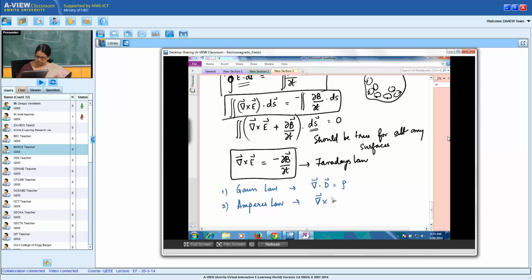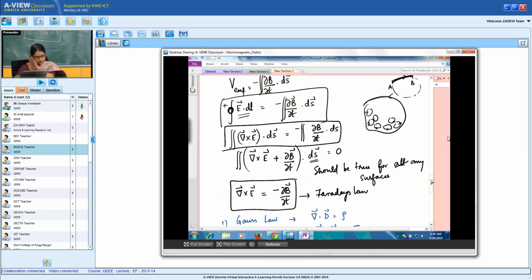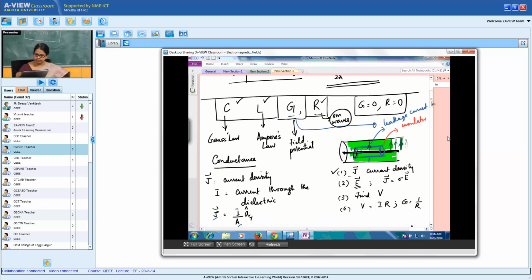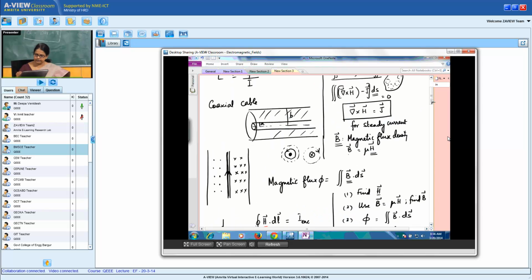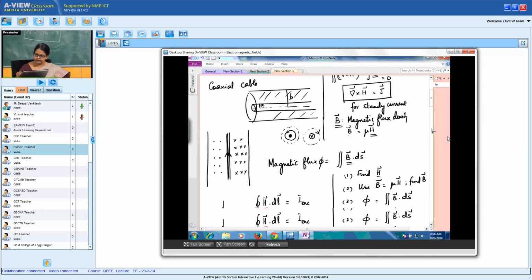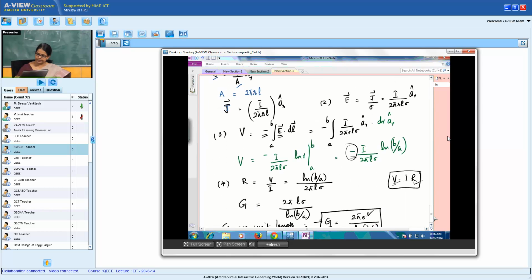which said curl of H. That's what we use today also, right? We started with Ampere's law, curl of H is J, the current density.